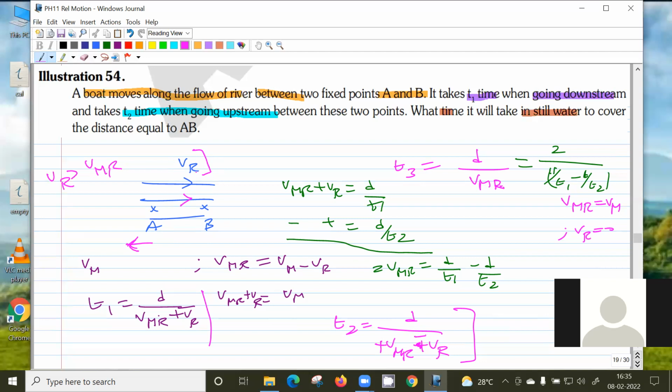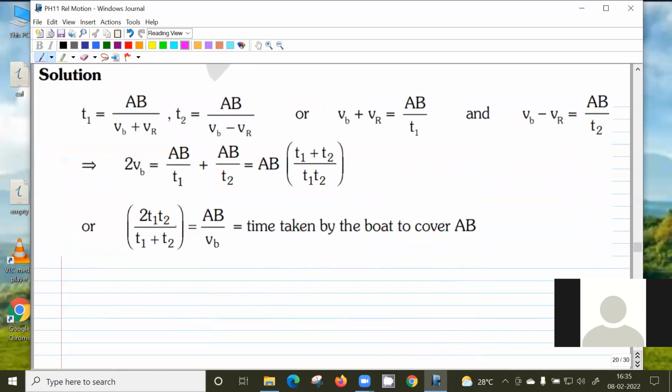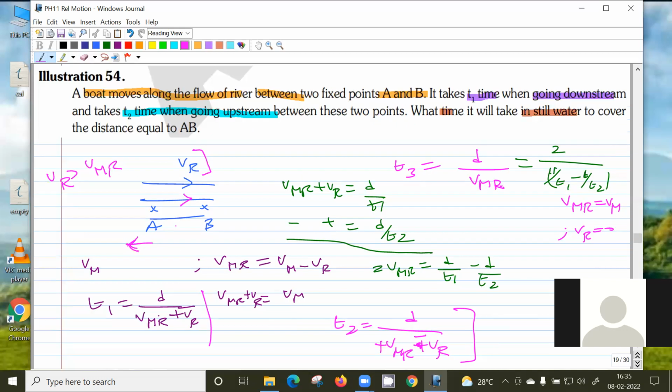Okay, I got the answer: 2 T1 T2 by T1 plus T2. So this is the mistake I made.